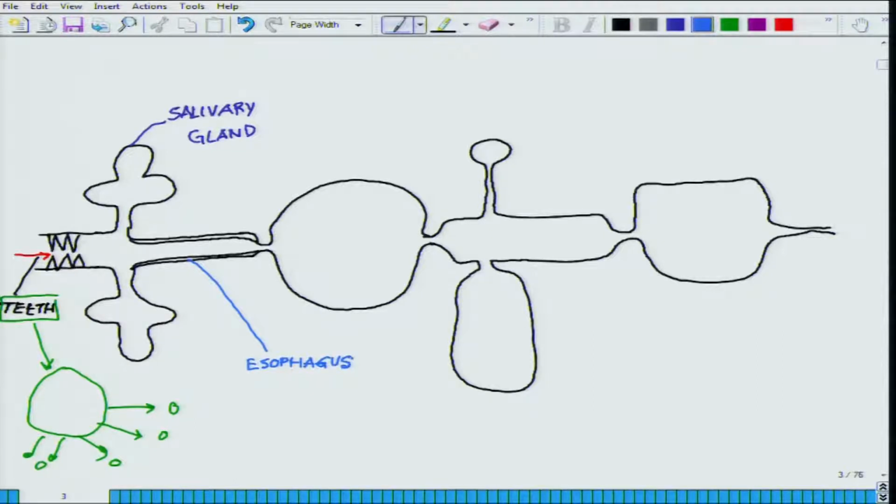From the esophagus, the food enters into the completely acidic environment of the stomach, which has a pH of around 1. Okay. Stomach. This is the next stoppage for the food. Here the food gets through, and now it is reaching the stomach.